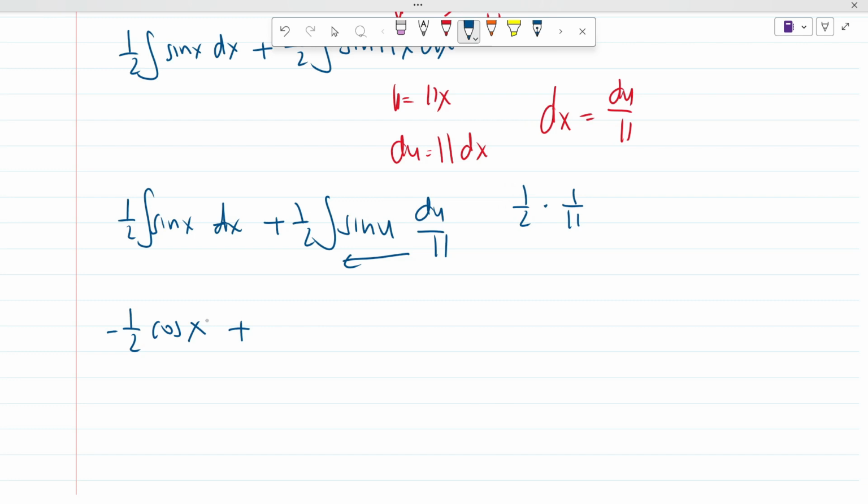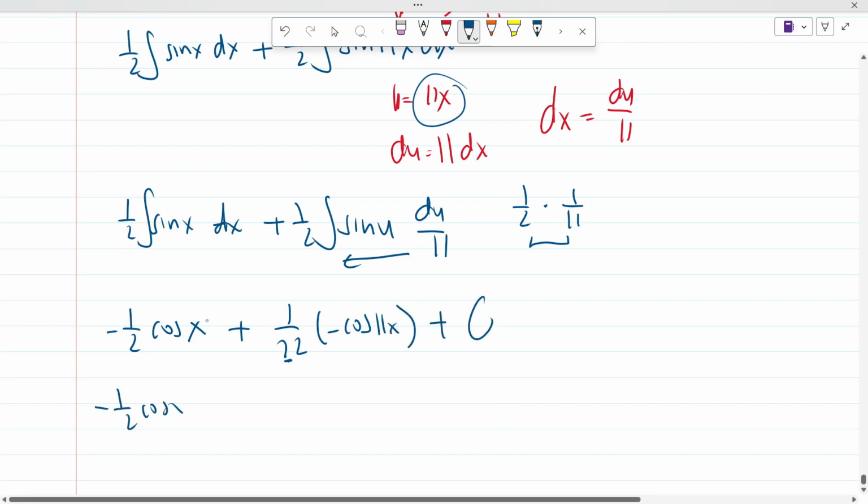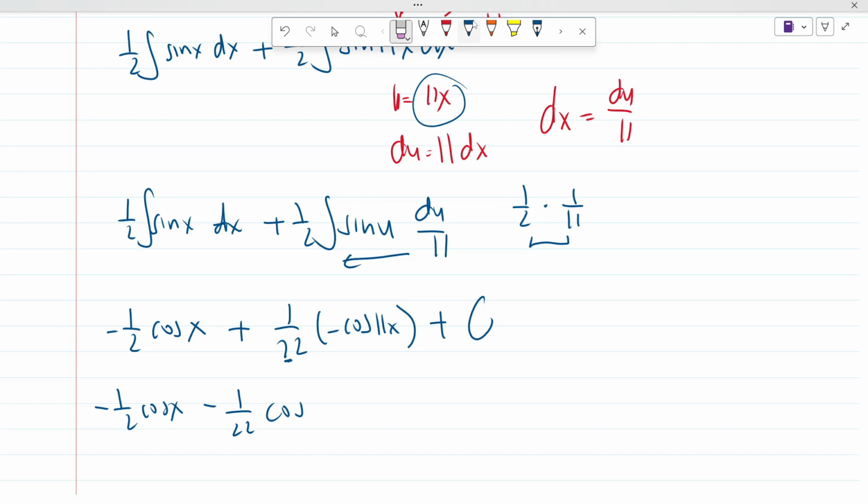So 2 times 11 is equal to 22, so 1 over 22. The integral of sine u is negative cosine. What is the value of u? It is 11x plus c. So negative 1 half cosine of x plus negative 1 over 22 cosine of 11x plus c. So this will be the final answer, guys.